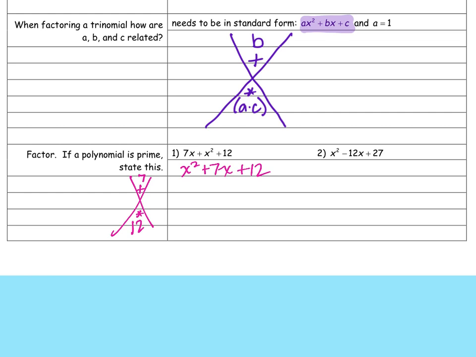I think when you do your Delta Math, they have it switched. They have the multiply in the top and the add in the bottom, but they have the little signs there so you'll know which is which. So just be careful of that. It doesn't matter where you put the plus and the multiply as long as you know which one is which. So give me two numbers that multiply to be 12, add to be 7.